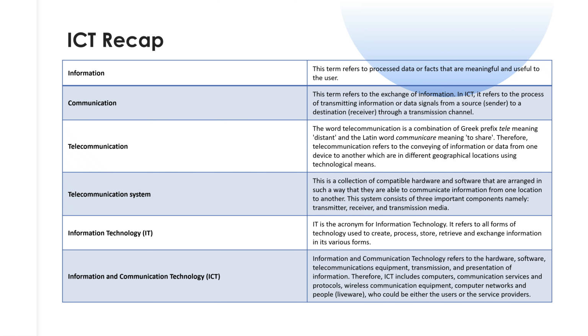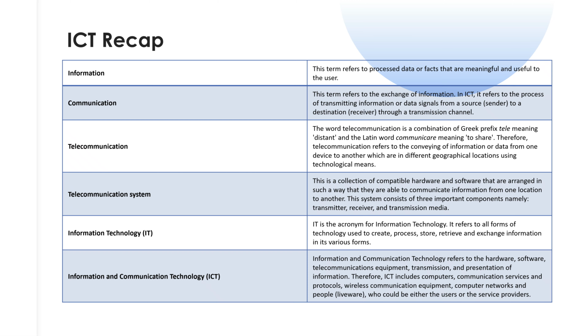So a quick recap, in order: information becomes meaningful through processing. Communication is the exchange of that information from a sender to a receiver. Telecommunication adds distance to that exchange. A telecommunication system is the hardware and the software making that possible, built from a transmitter, receiver, and transmission media.